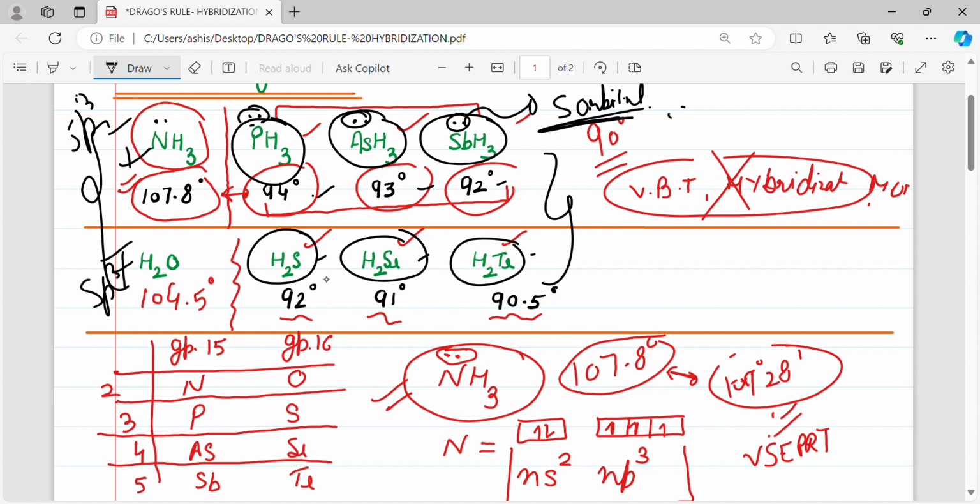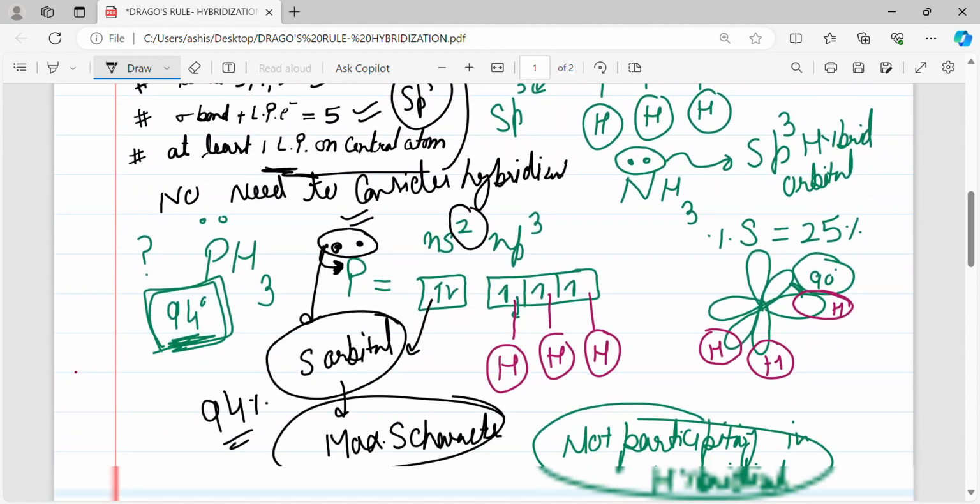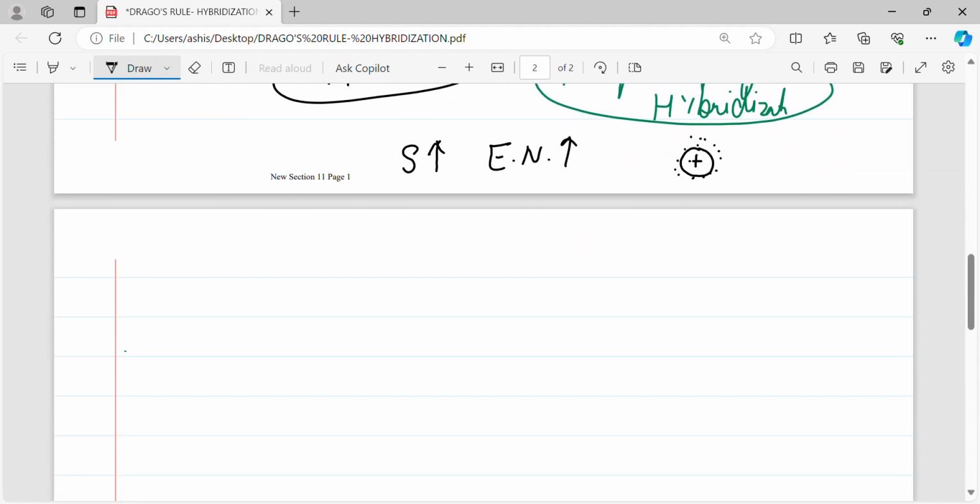We should not consider the hybridization in these molecules. The lone pair of these elements are present in pure s orbital, or we can say s character is more. If s character is more, then electronegativity is also more. That's why these elements do not easily donate the electron.